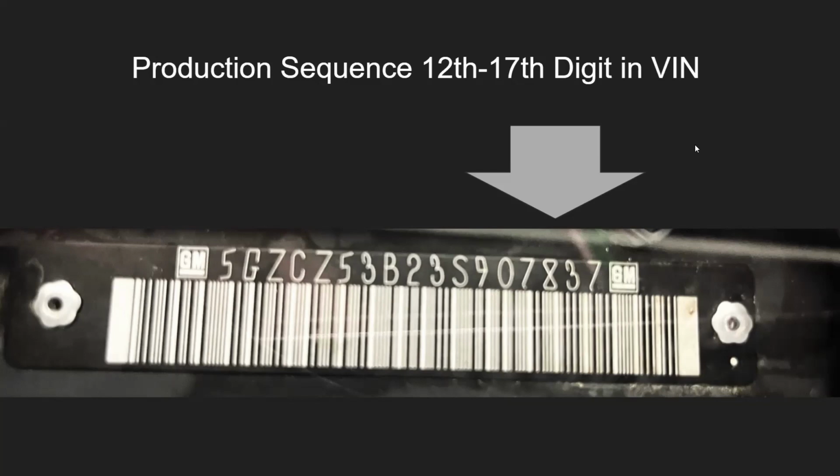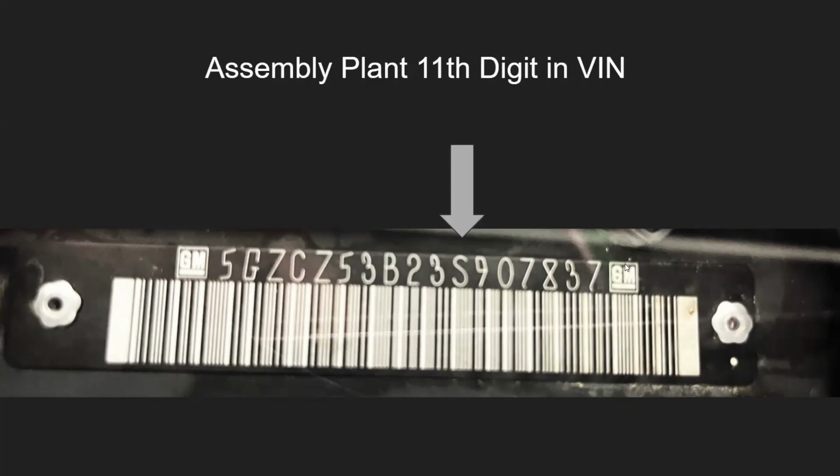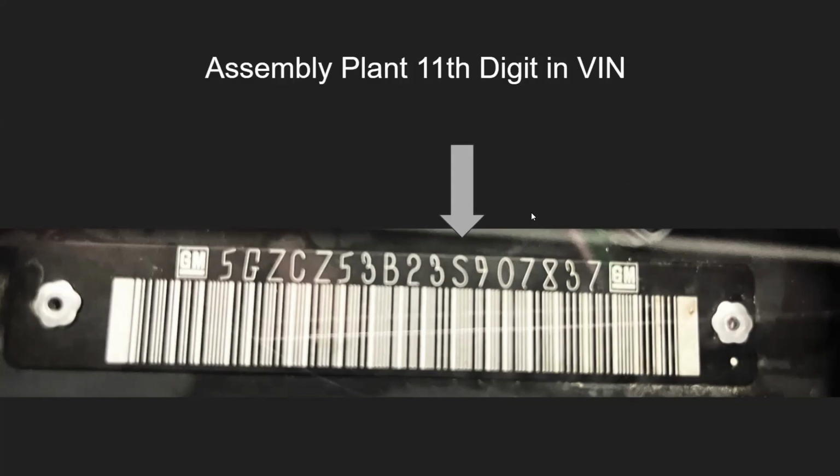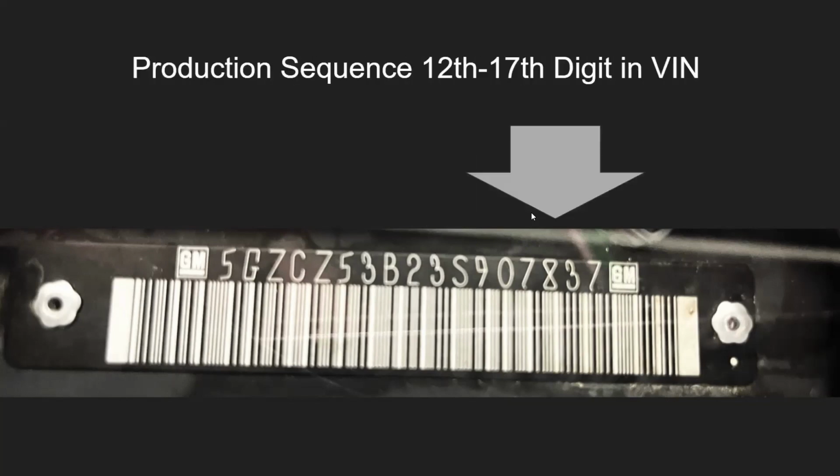Since this is General Motors, and you can see GM here, for example, quite often I'll call my parts salesman at the dealership and he says, give me the last 8 of the VIN. The last 8 of the VIN starts with the year, the assembly plant, and then the production number.